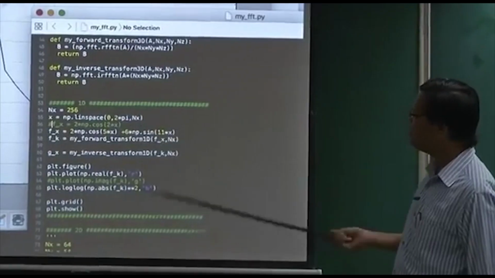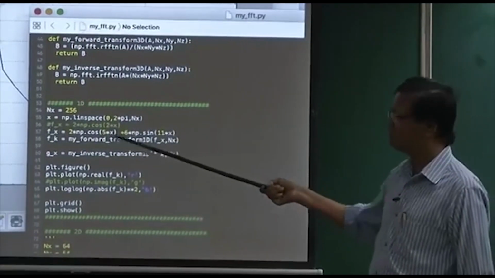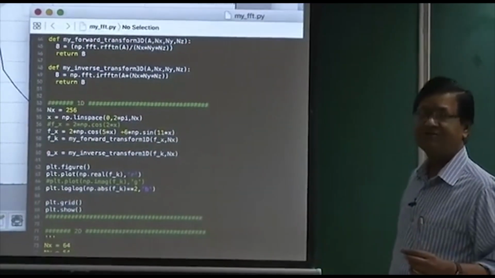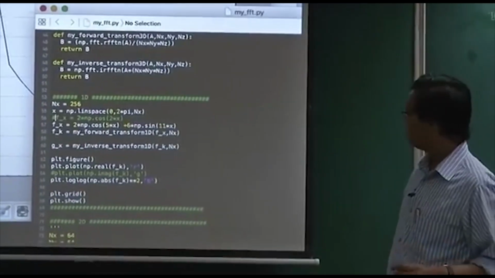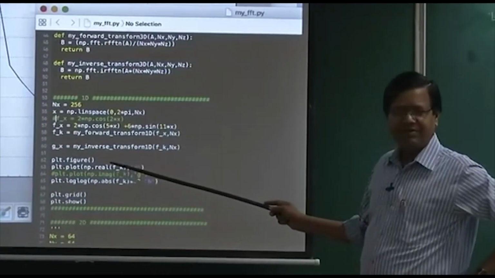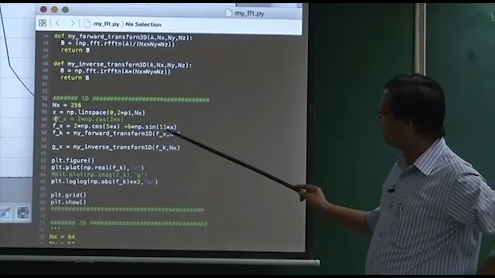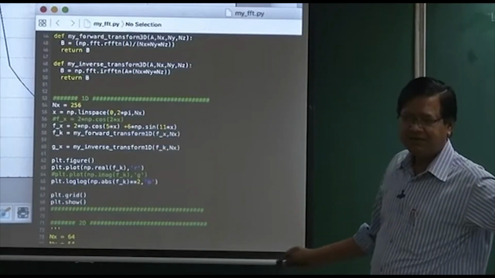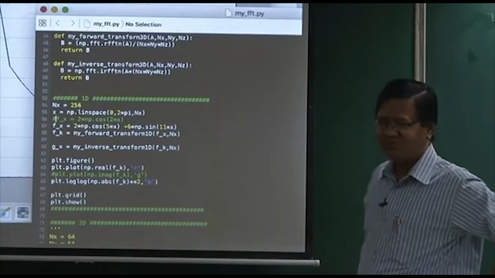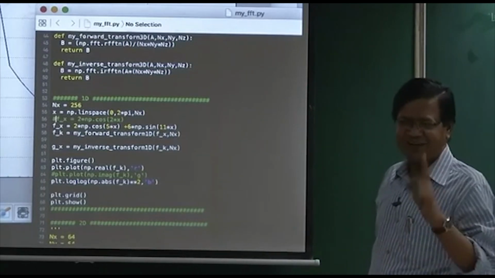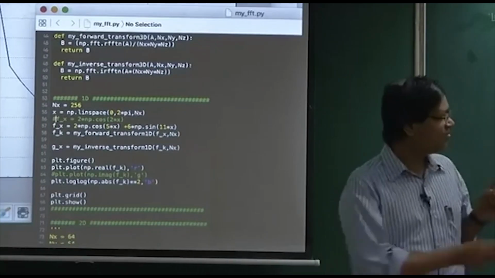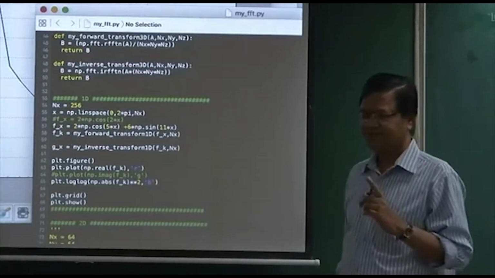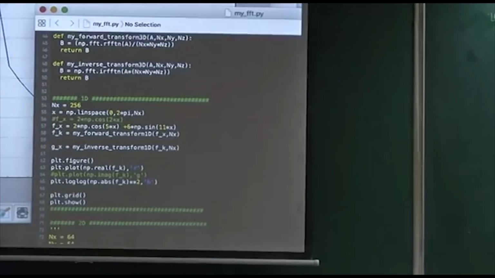So, where will it be non-zero? What are the non-zero wave numbers for the Fourier amplitudes for this? Which k? 5 and 11, and the amplitudes will be 2, or no, 1, because 2 will cancel, 1 and 3. So, we run it.